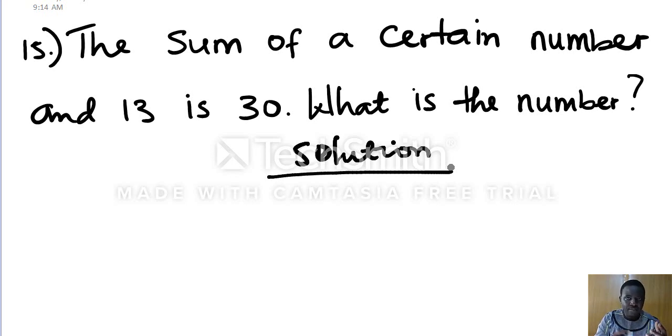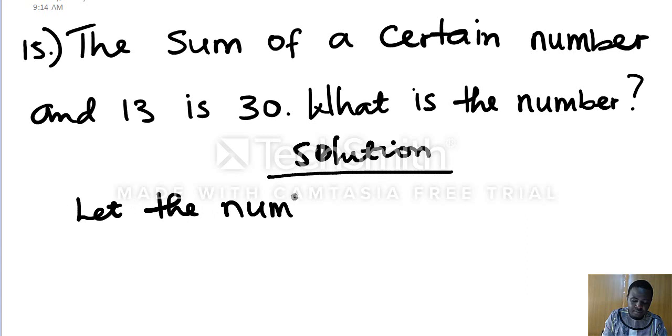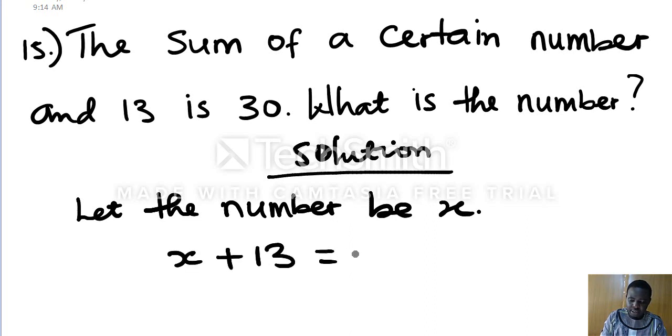So when you add that number plus 13, it gives you a total of 30. So let's write it as an algebraic equation. We say, let the number be x, that is x plus 13 is equal to 30.